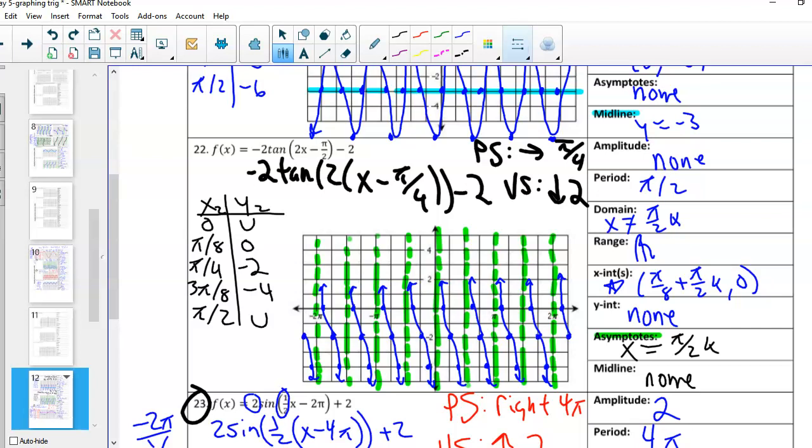Anytime you get something like pi over 8, pi over 16, it's somewhere in the middle. Questions on that one?